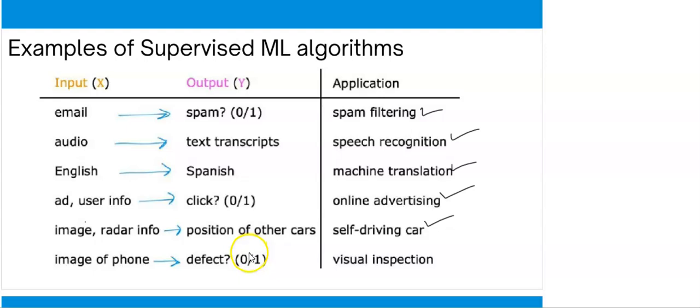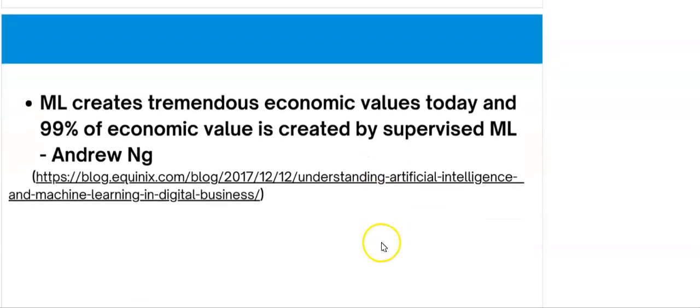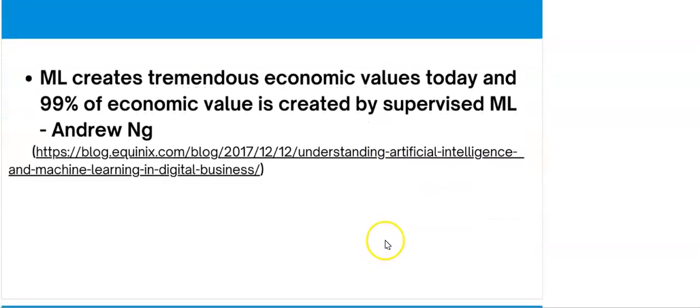Okay, this is also a classification problem. Then this application is known as visual inspection. Okay, we have a lot of applications in supervised machine learning algorithms, and also supervised machine learning algorithms create 99% of the economic value today.